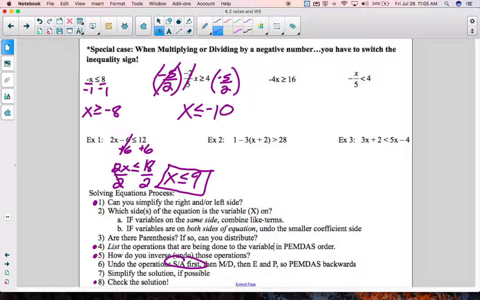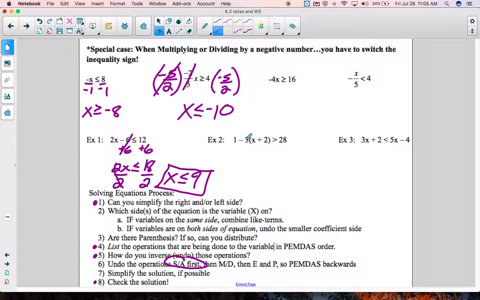So example number 2, what side is the variable on? In number 2, it's on the left. If there's more than one, we'd have to either combine or get the variable to one side of the inequality. That doesn't apply here because there's only one variable. Are there parentheses? Yes. Can you distribute? Yes. Now careful here, what are we distributing through?